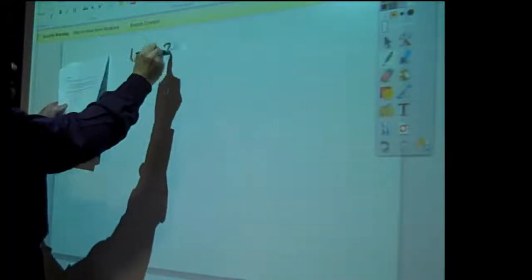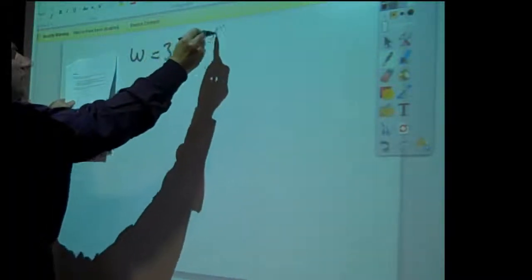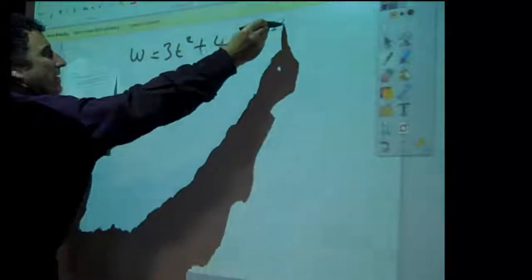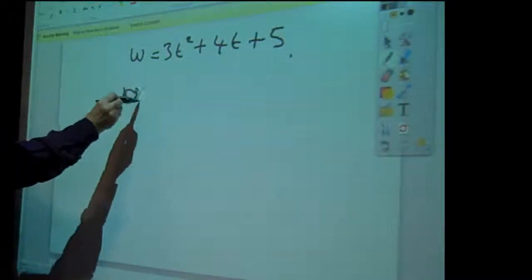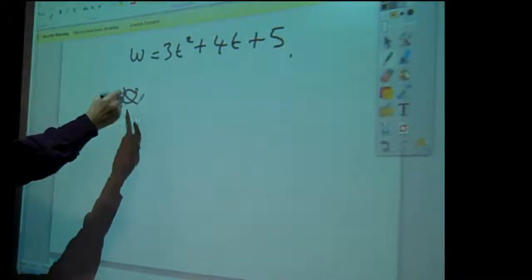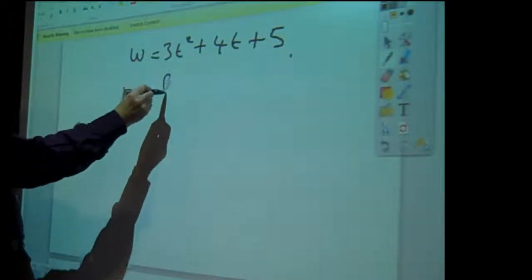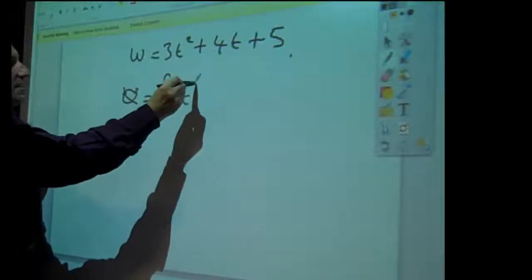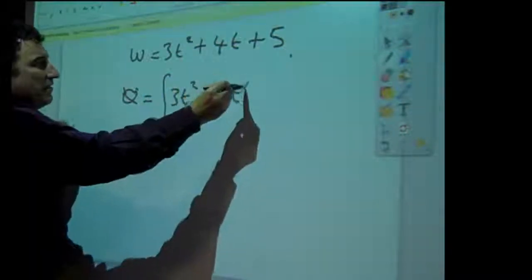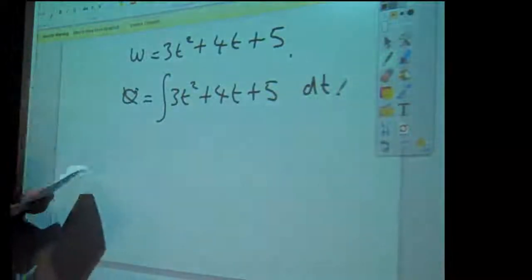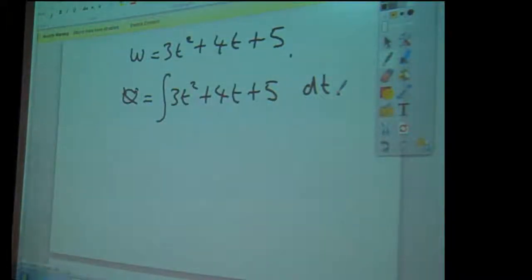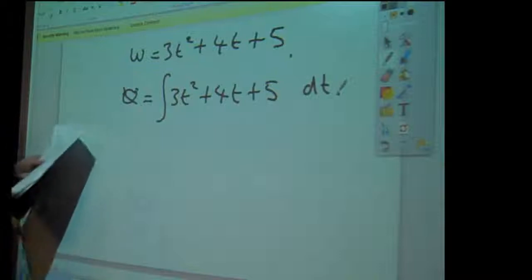So we've got the equation W, or omega, equals 3t squared plus 4t plus 5. Now remember, this time we've got to integrate it to find the angular displacement. So we put the integration sign with respect to t, the time factor, and add one on and shove it on the bottom. Remember, add one on and shove it on the bottom.